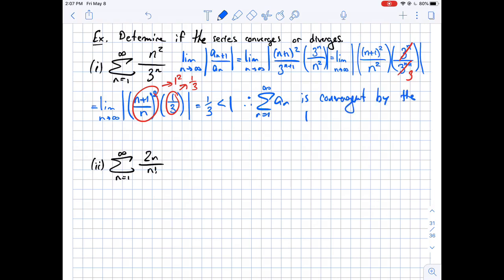And that's it. We set up our limit, we do it, and you see what you get at the end. Is that number going to be less than 1 or larger than 1? And hopefully it's not going to be equal to 1.